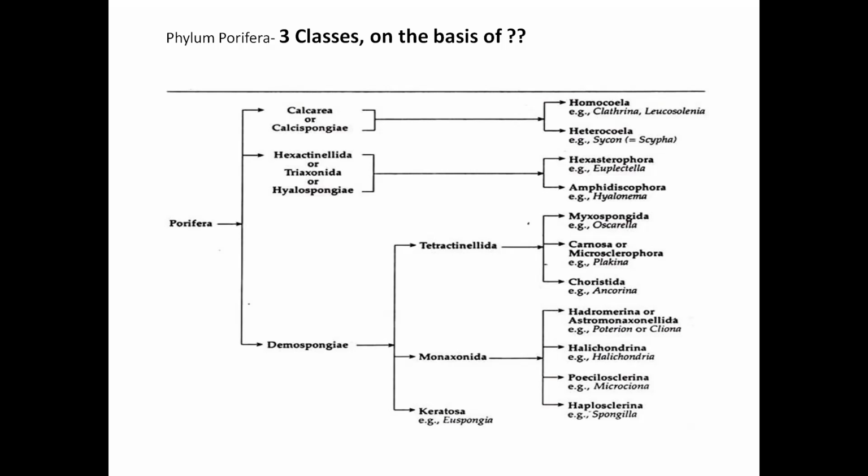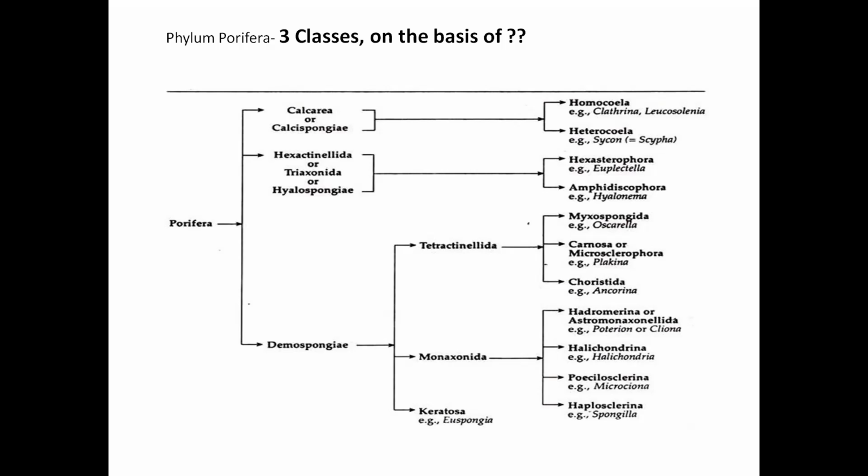So the first class is Calcarea, which is also called Calcispongia. The second class is Hexactinellida, which is also called Triaxonida or Hylospongia. And the third class is Demospongia.